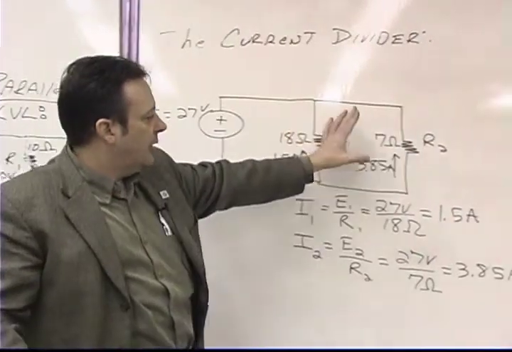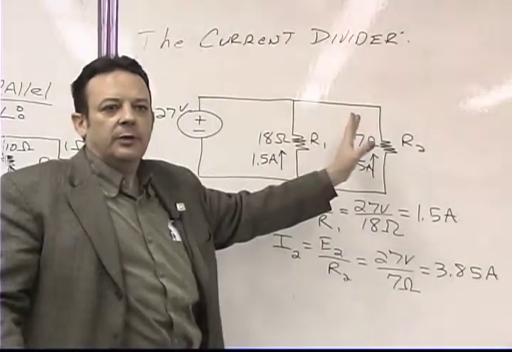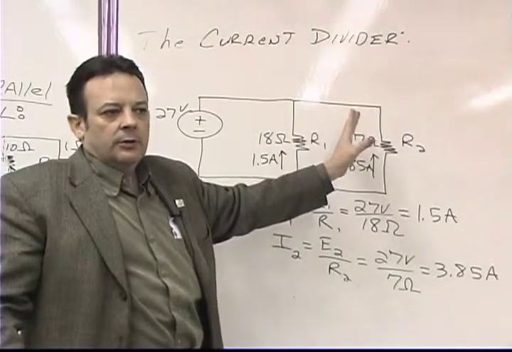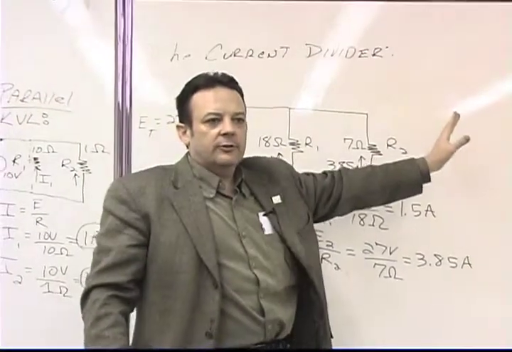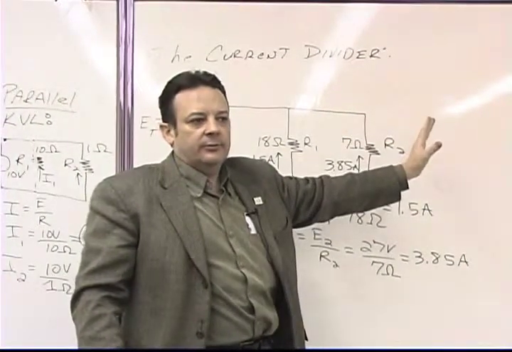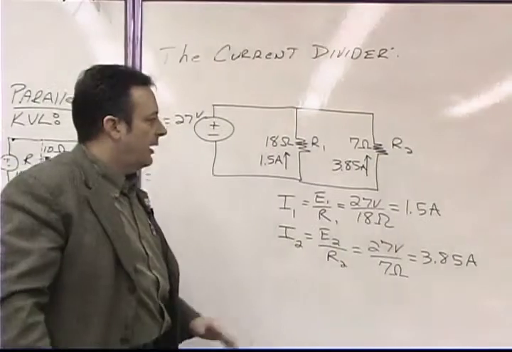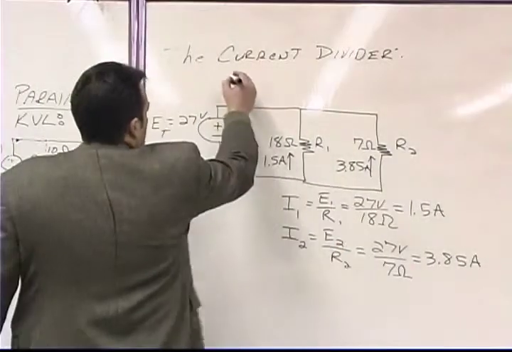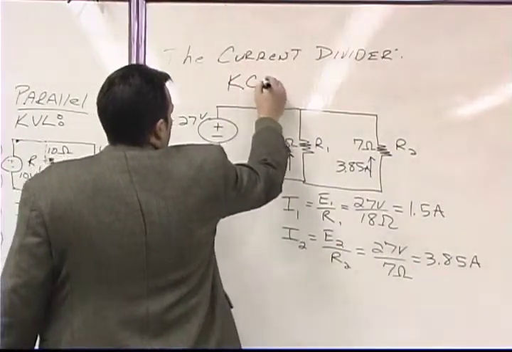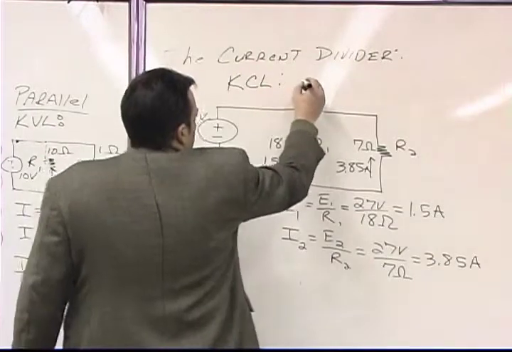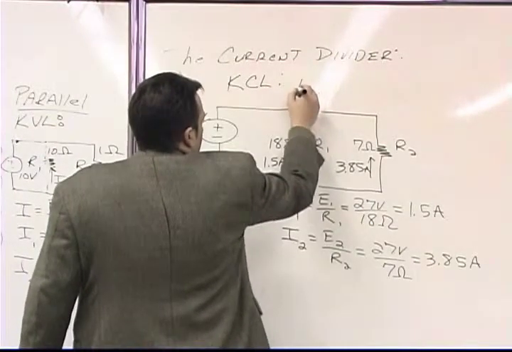If we have 2 branches, then it's only flowing in 2 places. If we've got 18 branches, then it's flowing in 18 places. Okay? But for us, Kirchhoff's current law can be written this way.